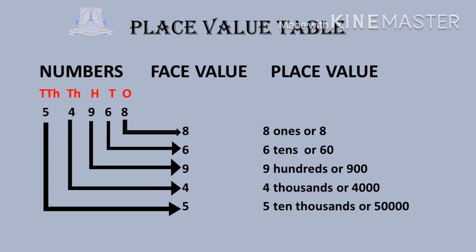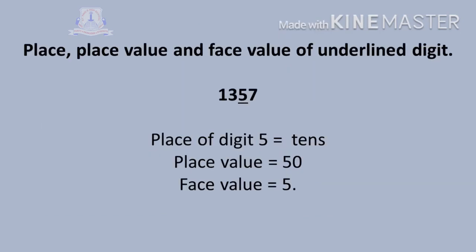Now we'll come to the sums of place value and face value. Here we will discuss the numbers that are underlined. Now in the first sum, 1357, the number underlined is 5. The place of digit 5 is tens.